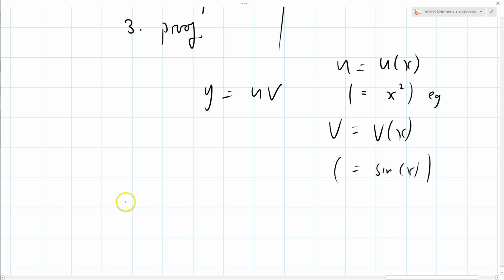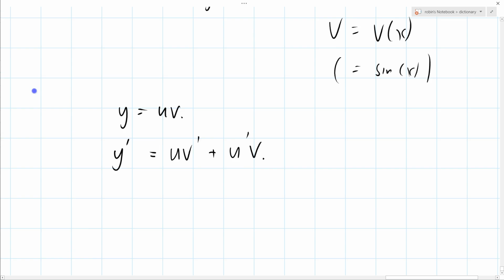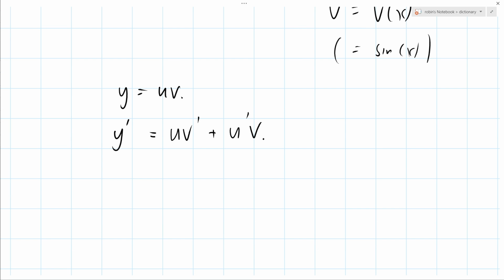So how do I do that? Well, if y equals uv, then y dash equals uv dash plus u dash v, where I'm using a dash, y dash equals dy by dx, which is the differential.